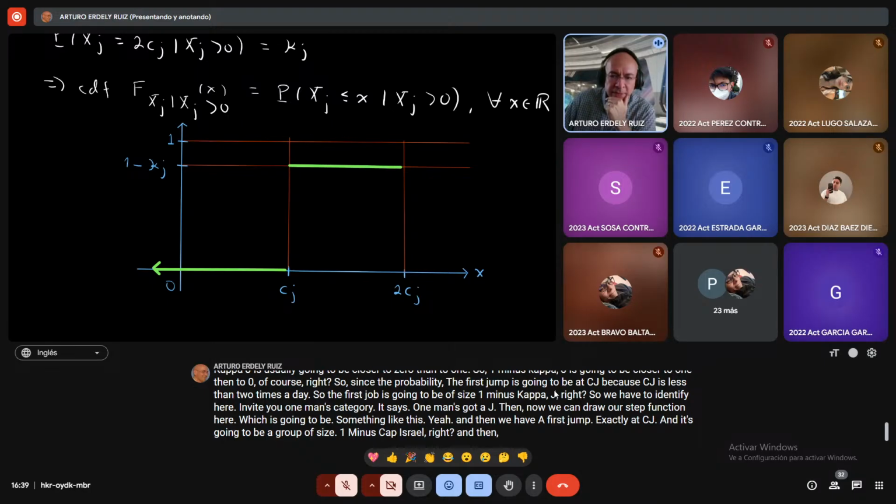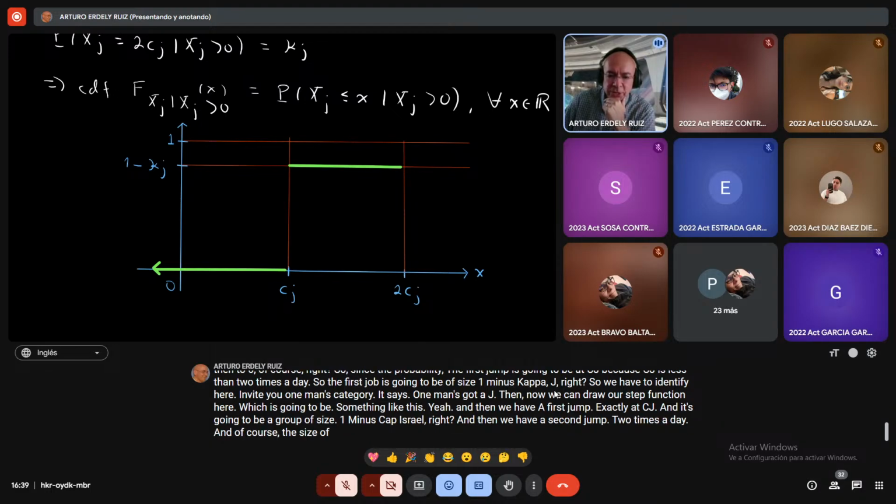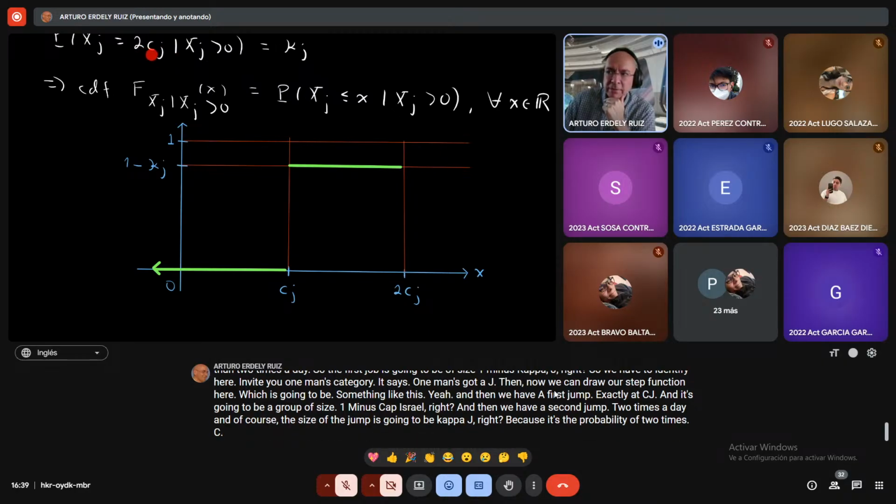And then we have a second jump at 2 times CJ. And of course, the size of this jump is going to be kappa J, right? Because it's the probability of 2 times CJ. So we have that last jump.